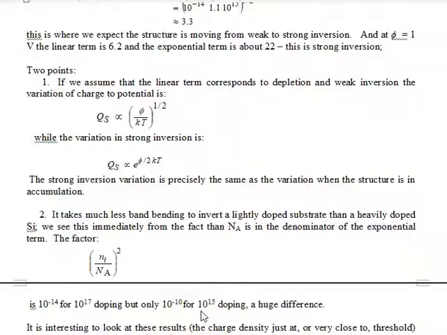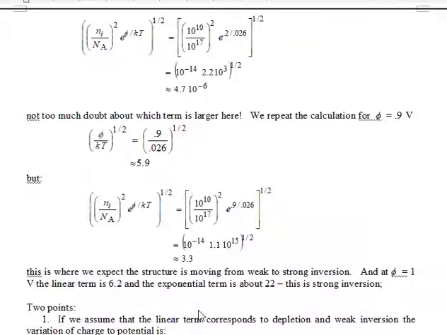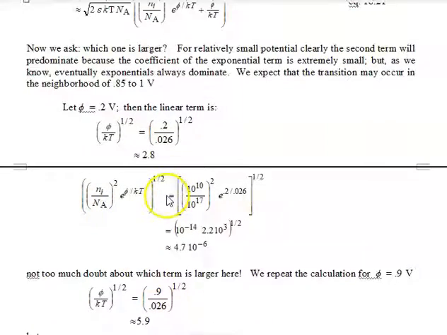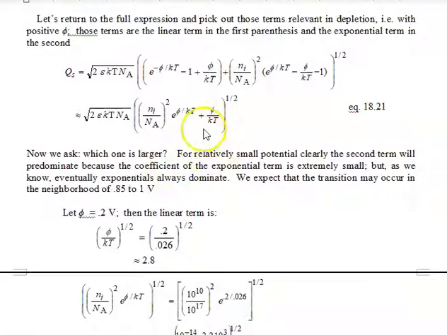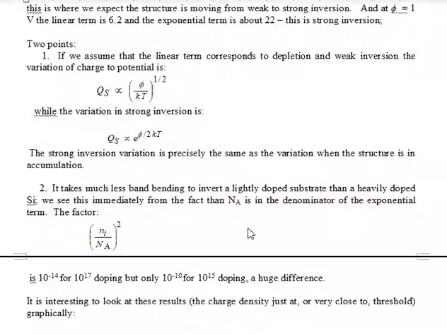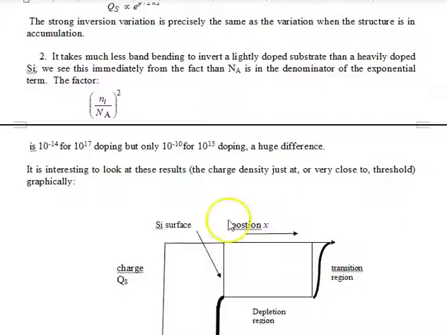So we would expect that this transition from linear to exponential would occur at a much lower voltage. In other words, the threshold voltage would be much lower for a lightly doped substrate, and that is exactly what we find.